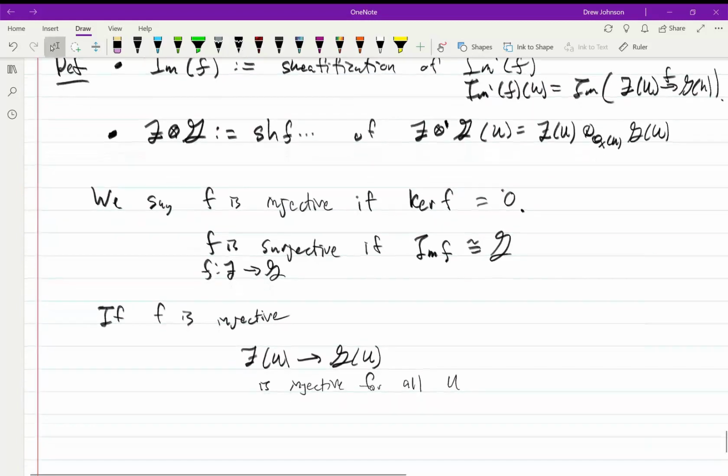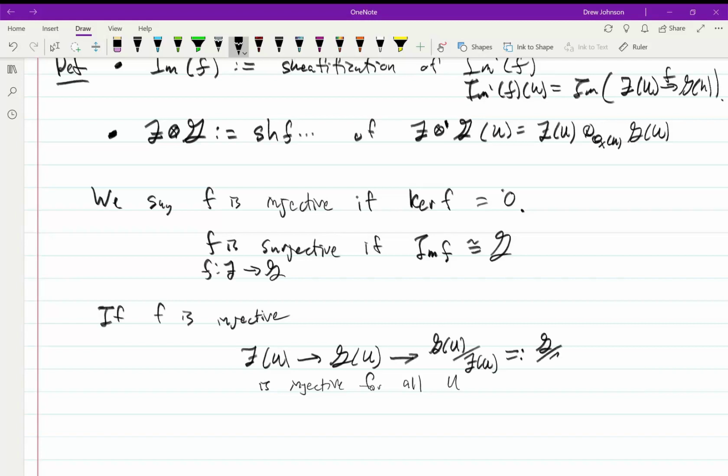Remember, we didn't have to sheafify for the kernel, so everything just works out very nicely. So if this is an injective map of modules, you can take the quotient module G(U) mod F(U), and let's try and define a pre-sheaf by that. The quotient of G and F on an open set U will just be defined to be G(U) mod out by F(U).